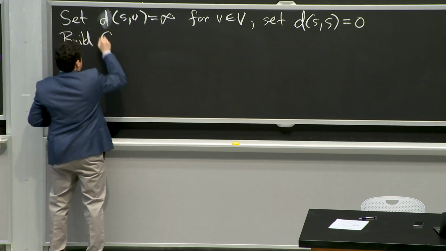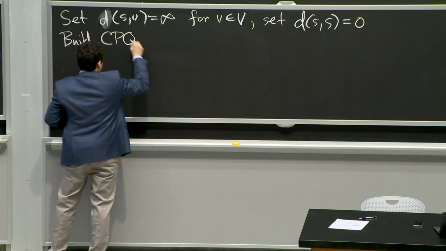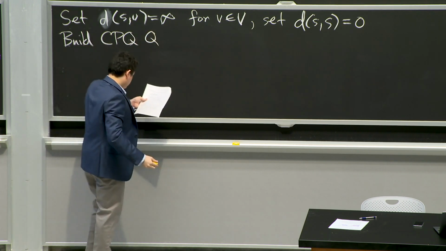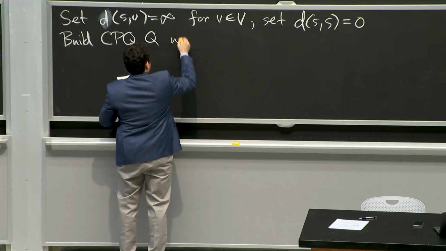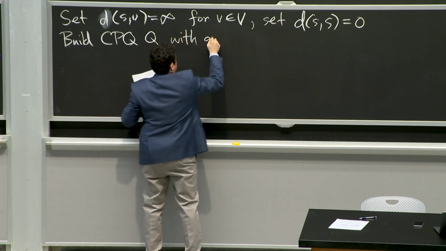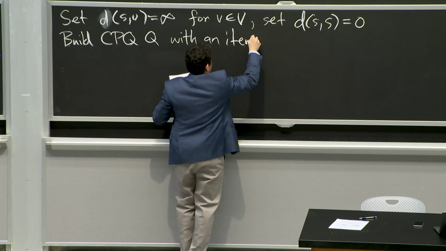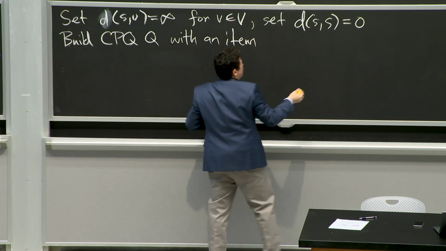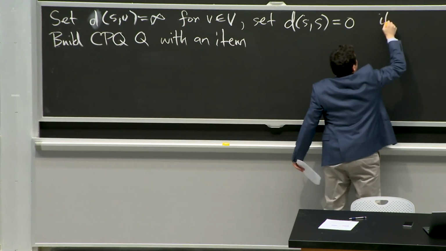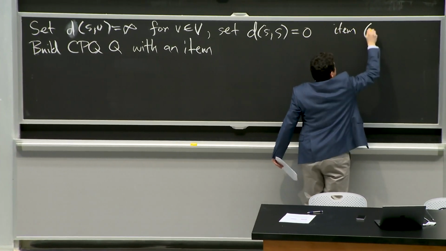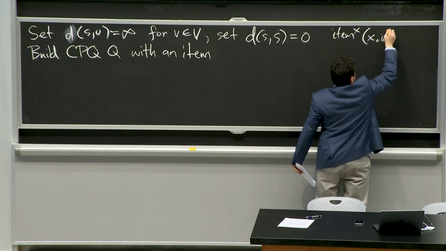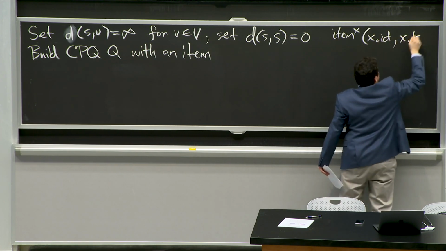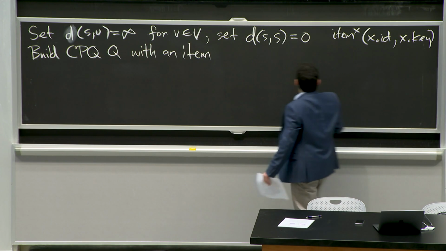Now we build our changeable priority queue, with an item. I'm going to say an item x is represented by a tuple of its ID and then its key, just for brevity here.